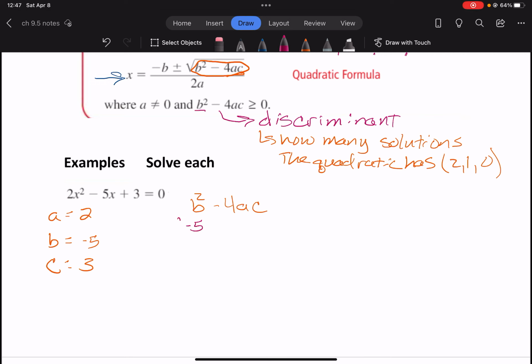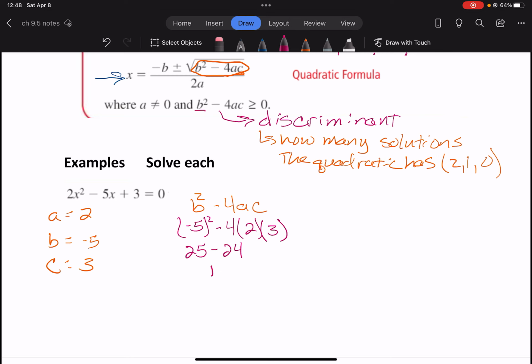So I have negative 5 squared minus 4 times a, which is 2, times c, which is 3. I'll put it in the calculator just like this, or you can watch me do the steps real quick. I got 25 minus 3 times 4 is 12, times 2 is 24. 25 minus 24 is 1.